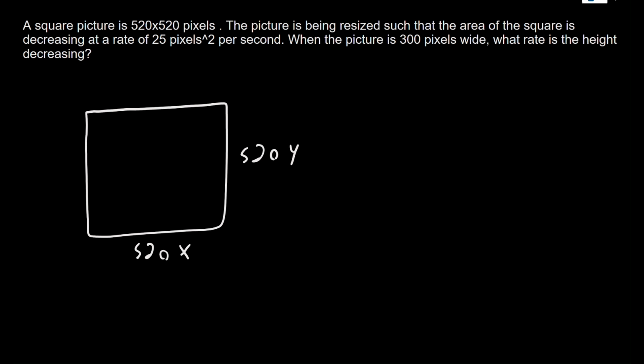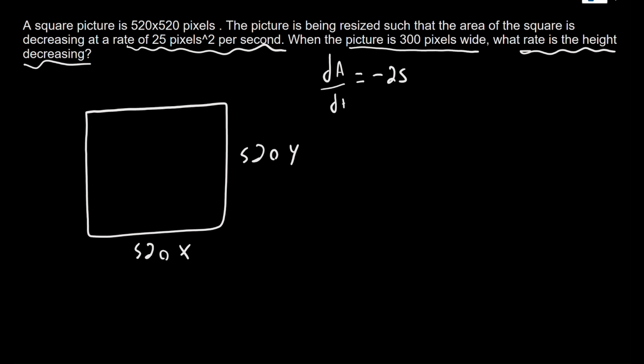So the question gives us the rate that the area is changing. So dA over dt equals negative 25. The negative is because it's decreasing. Now it's asking the rate the height is decreasing when the picture is 300 pixels wide. So let's draw that.